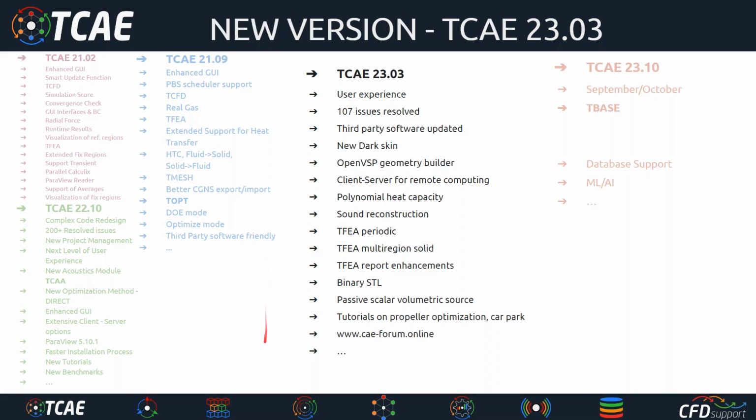And about the release itself, I have just general information. It's settled that we release a new TCAE 2 times a year, typically in March and in October. And that's settled quite well, and we like it this way.